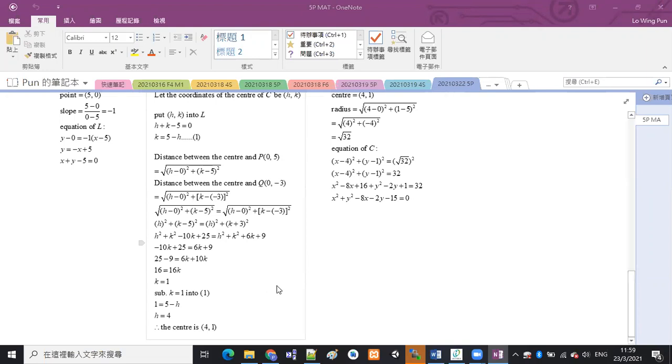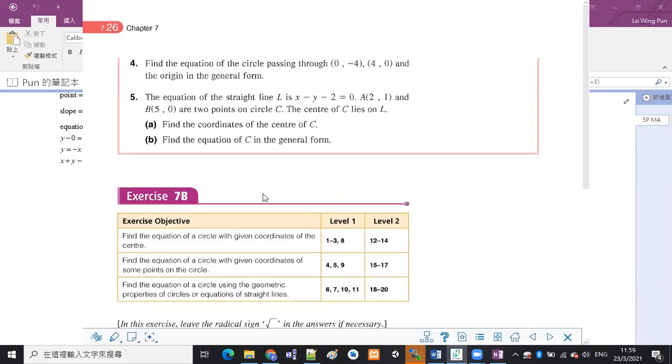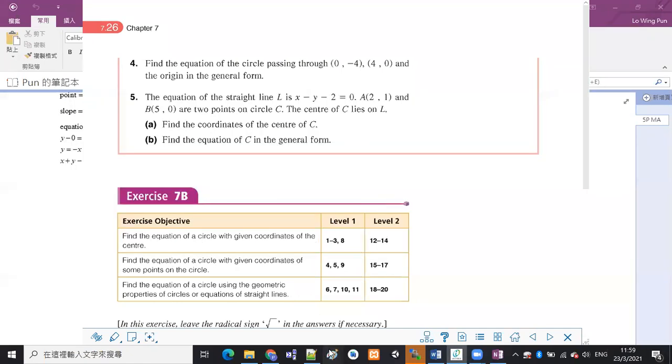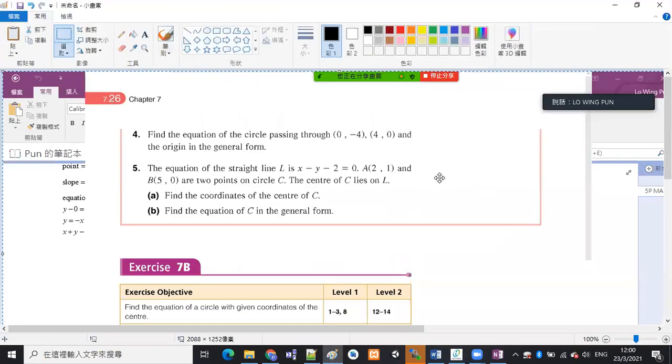Okay, so first, let's go to instant drill corner on page 7.26. Page 7.26, question number 5, which is also in the Math app.